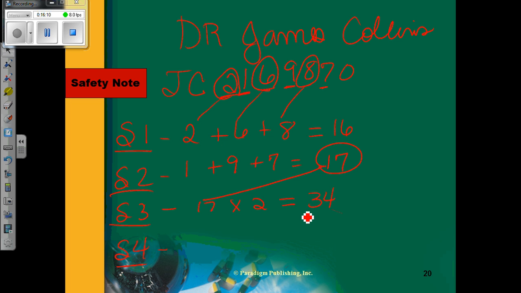In step 4, you add your sum of step 3 to your sum of step 1. So 16 plus 34 equals 50. Your checksum for step 4 is the 0. Does it match the last number of the checksum in the DEA number? And it does, so this would be valid.